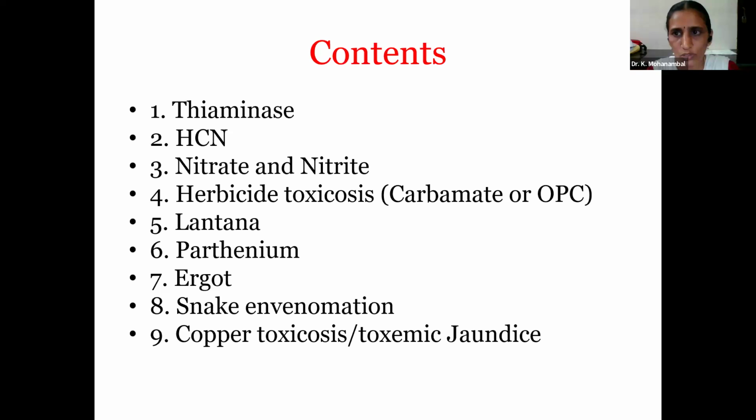Among the herbicide toxicoses, I am going to deal only with carbamate and OPC, because we are treating many cases of carbamate and OPC toxicosis in our clinical setup. The next one is plant poisoning, which is presented very frequently to our clinic: Lantana camara toxicity, and then Parthenium toxicosis and ergotism. These three are very important to admit and treat.